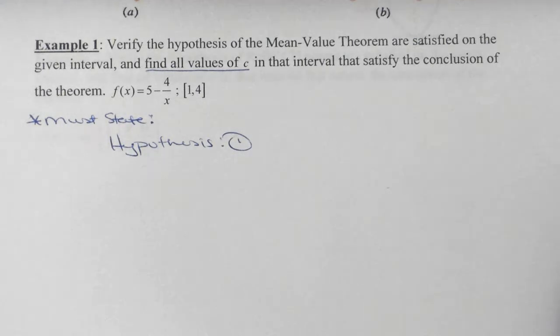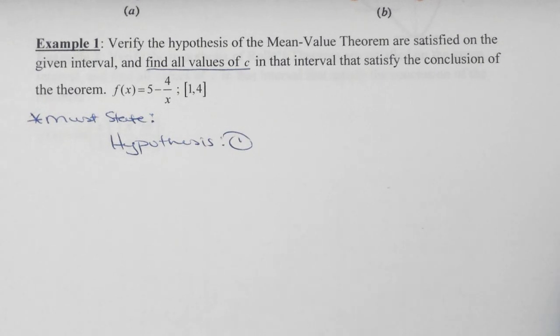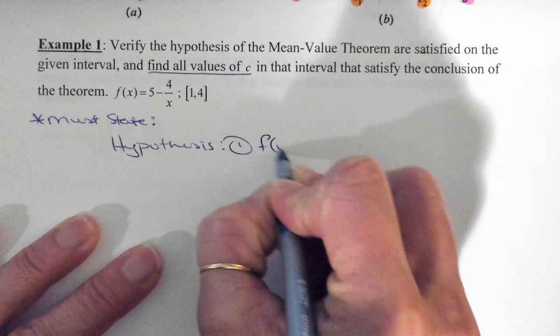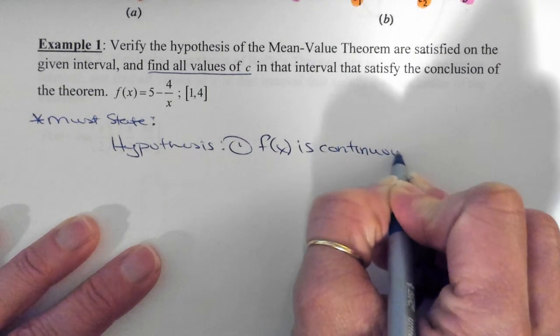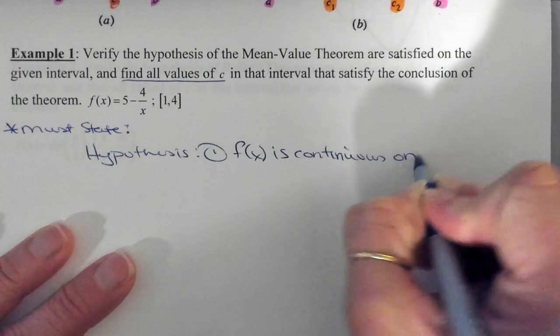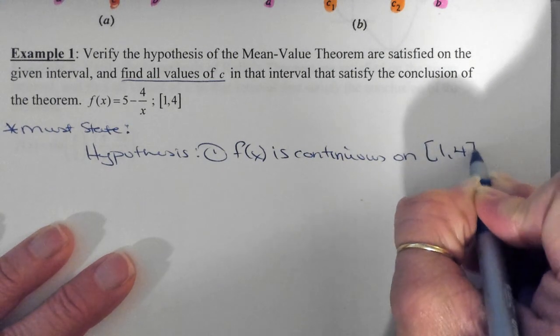If they fall in that interval, then the function is not continuous and you have to stop. You cannot continue. Does everyone understand what I'm saying? So you have to verify that first, even if it's visual. So then what you state is f of x is continuous on the closed interval from 1 to 4.